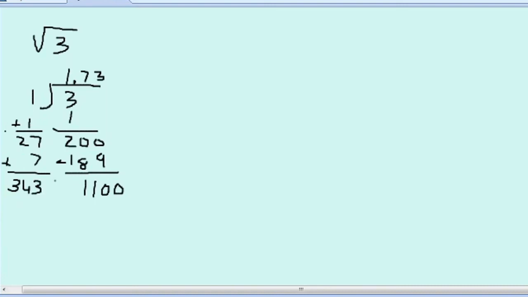343 into 3. 3 3s are 9. 4 3s are 12. 2 and carry 1 here. 3 3s are 9 plus 1 is 10. 1100 minus 1029 is 71. Okay, then add this 3 here, plus this is minus and this is plus.